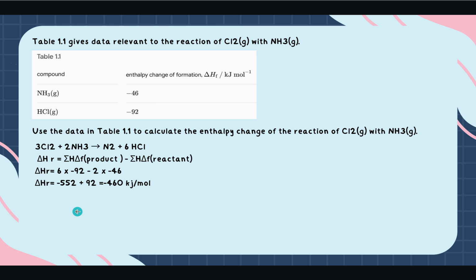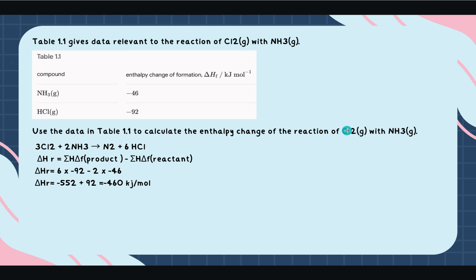Next question. So table 1.1 gives data relevant to the reaction of Cl2 with NH3. So we are told to calculate the enthalpy change of the reaction.